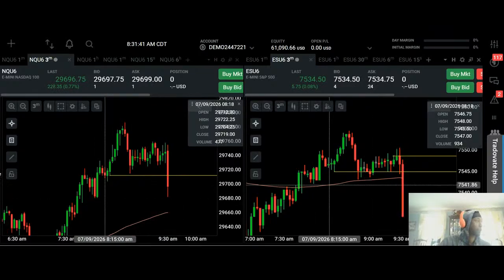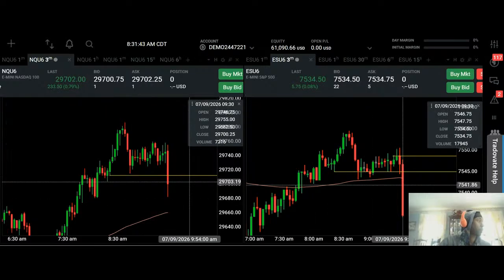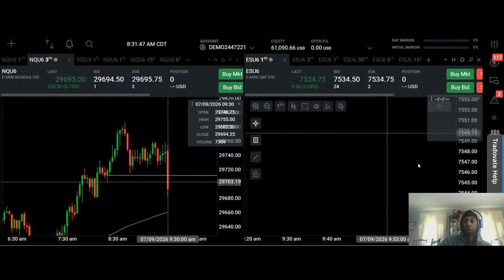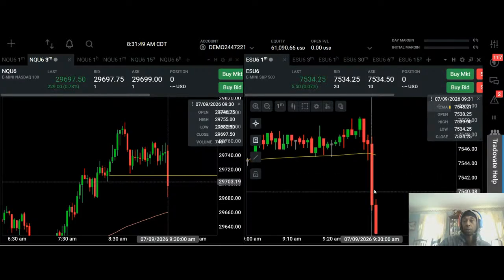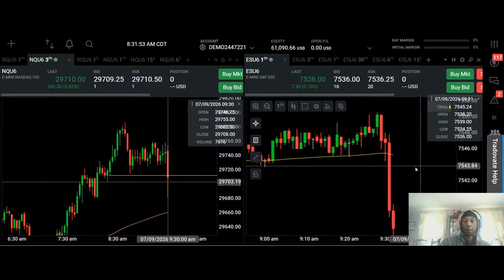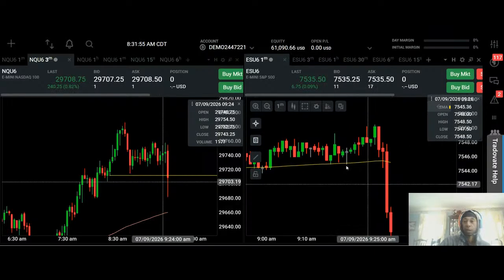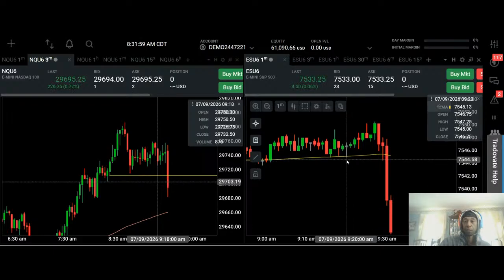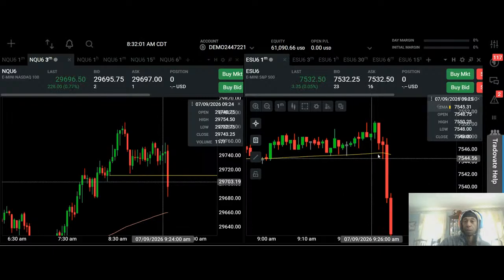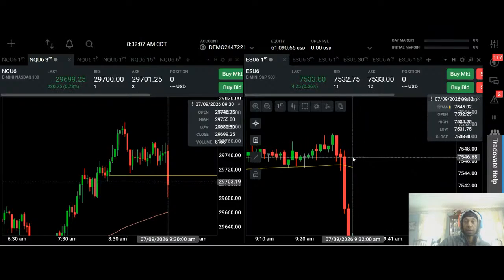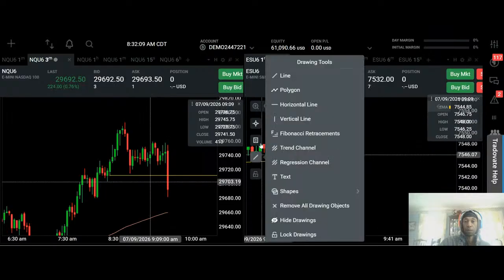Right now, the 1 minute on ES looks to be playing out with the sequence. All right, so I'm watching this low, specifically this low. And what I need to see is this candle right here. This candle right here is what I'm looking for.